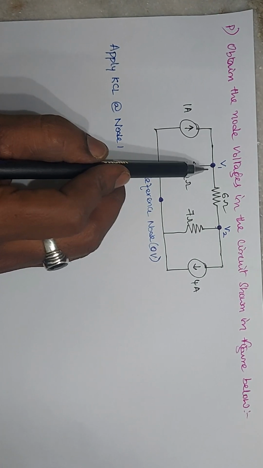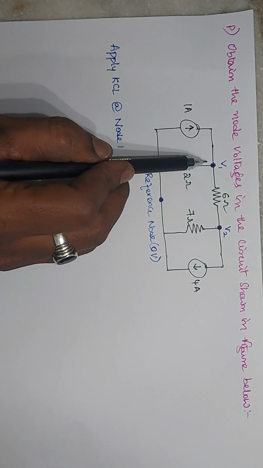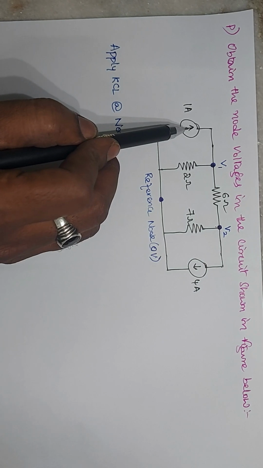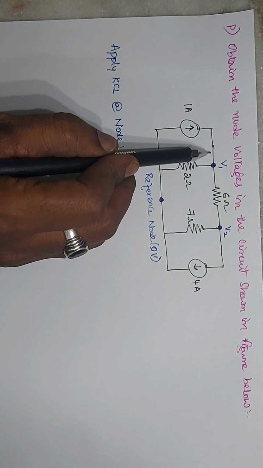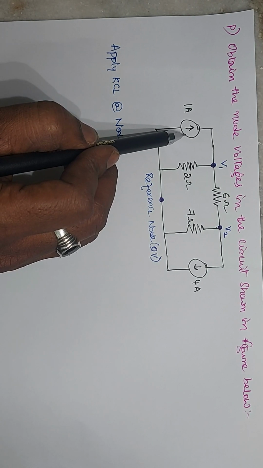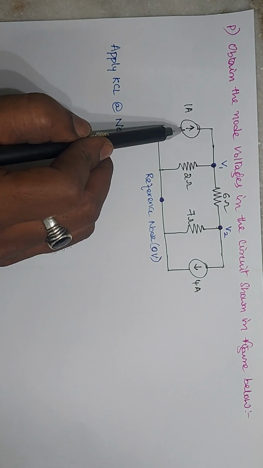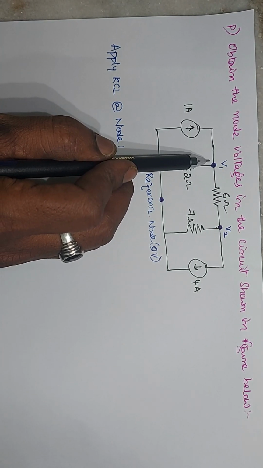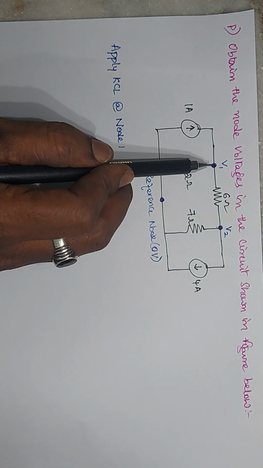So that's why the current in this branch is 1 ampere. Now you observe whether the 1 ampere current source direction is entering the node or leaving the node. We will assume the current entering the node is a negative value, and the current leaving the node is a positive value.